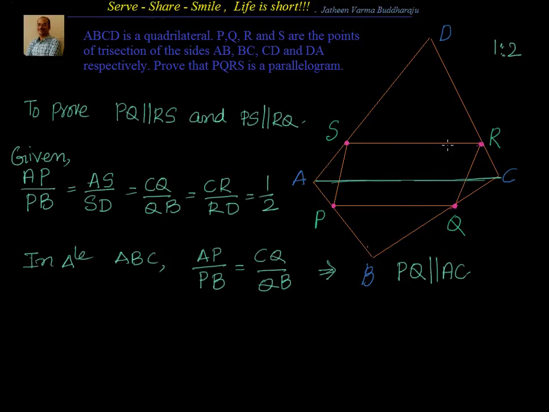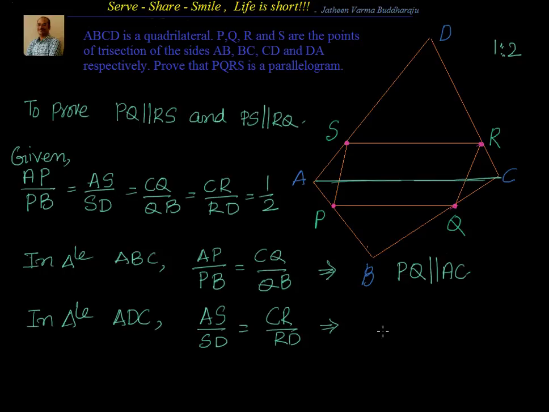Now let's consider the other triangle. We got PQ parallel to AC. We will go ahead and try to prove that SR is also parallel to AC. Then we can say PQ is parallel to SR. So we consider the triangle ADC. In triangle ADC, AS by SD is equal to CR by RD. We know that is equal to 1/2.